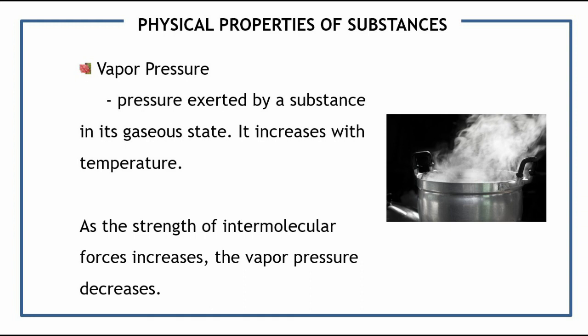Given that observable knowledge, masasabi natin na kapag mataas ang intermolecular force of attraction na meron sa isang substance, mas mahina ang vapor pressure dahil mas kaunti ang gas molecules na present dito. On the other hand, the more na humihina ang intermolecular forces ng isang substance, the more na tumataas ang vapor pressure dahil mas tumadami ang gas molecules dito.